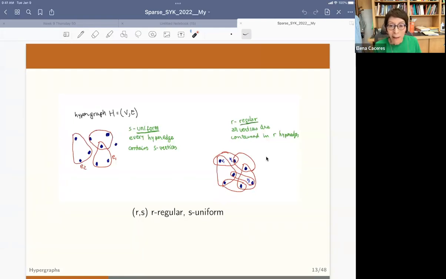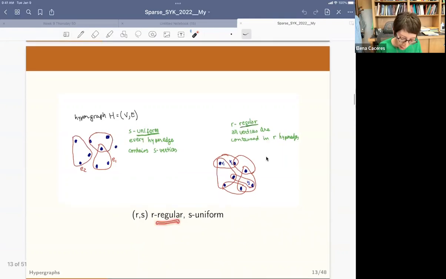There's another type of hypergraphs that's called regular. They are regular when all the vertices are contained in R hyperedges. So each vertex is contained in some certain number of hyperedges. These are the types of hypergraphs that are going to be of interest for us, the ones that are R-regular and S-uniform.